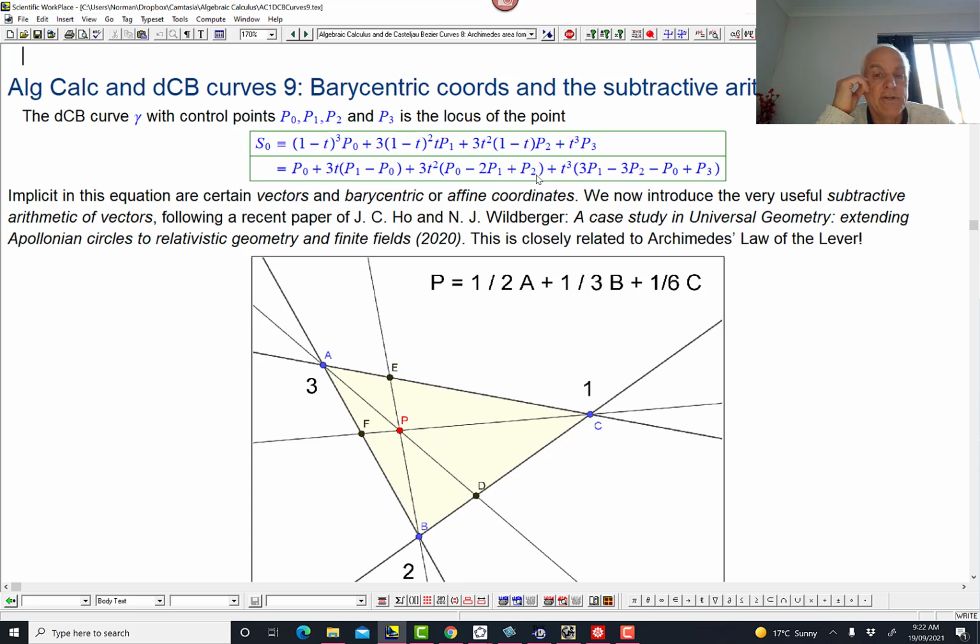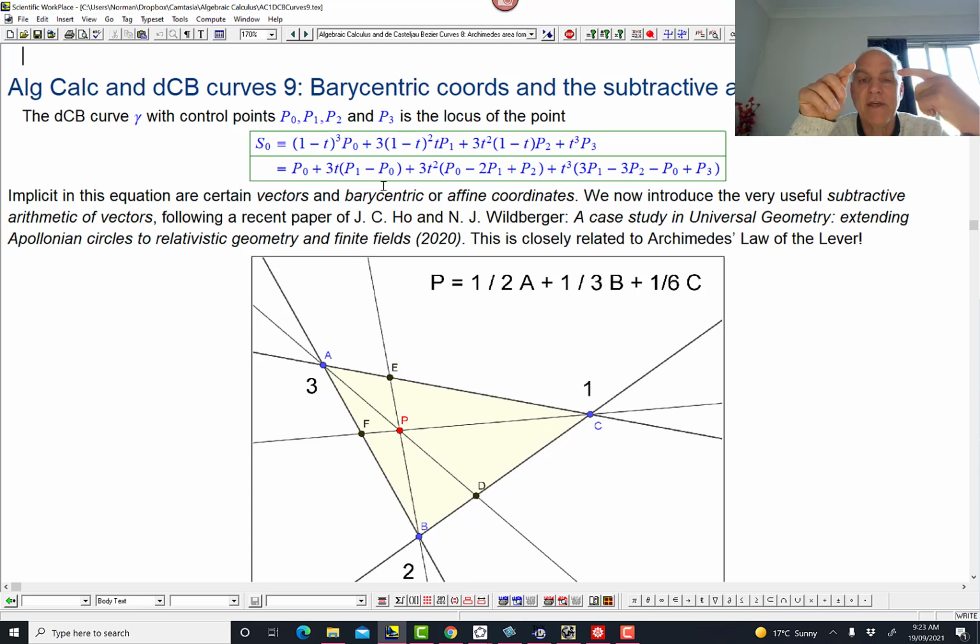And which vector is it? Well, that's actually the difference between the vector from p0 to p1 and the vector from p1 to p2. So the vector from p0 to p1 is p1 minus p0. Okay. The vector from p1 to p2 is p2 minus p1.